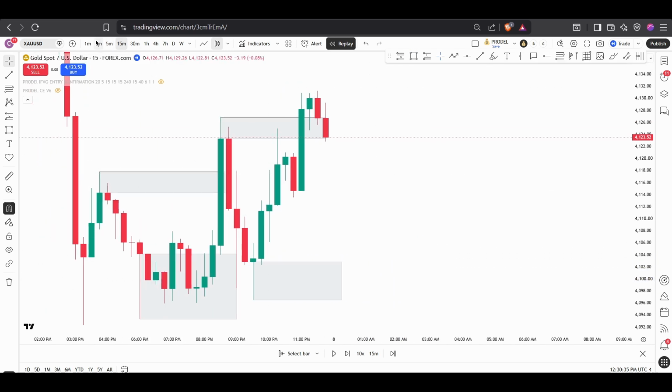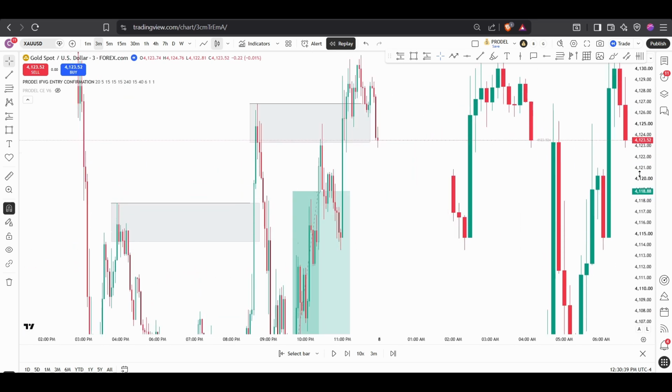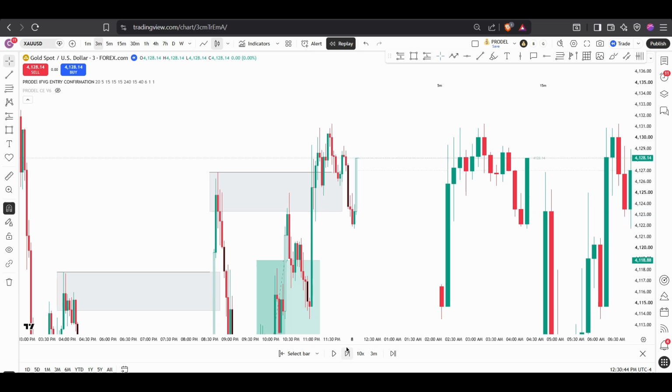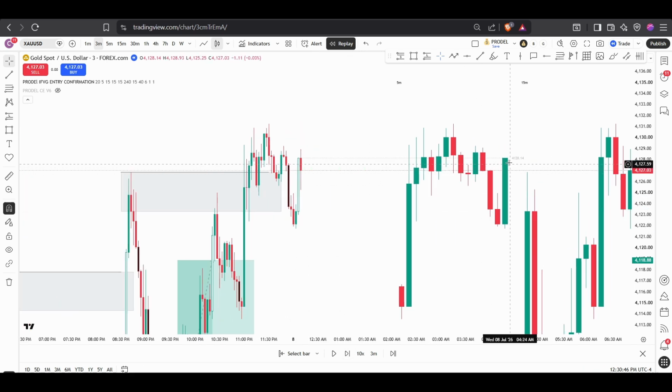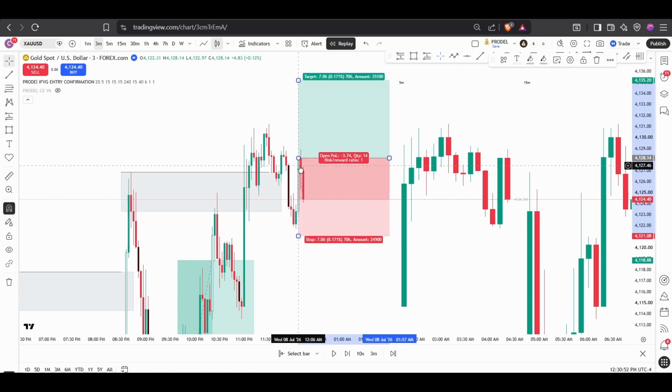Let's go to the 3-minute time frame. The 5-minute fair value gap is also closed here, and it formed the inverse fair value gap.